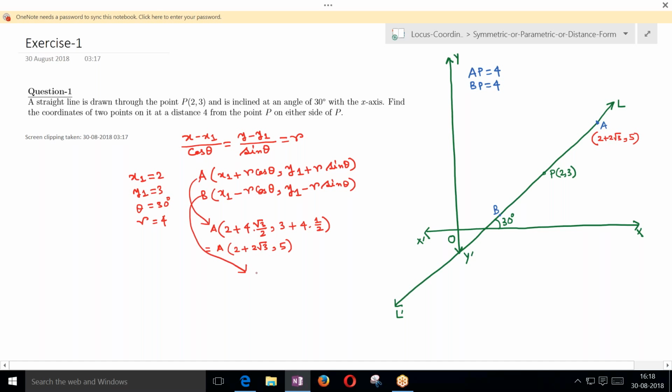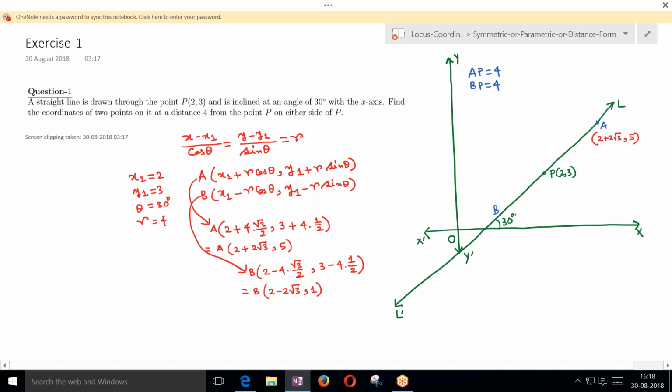Now let's find the coordinates of the point B. B we get is x1, 2, minus r, 4, into root 3 by 2, comma, 3 minus 4 into 1 by 2. So B is equal to 2 minus 2 root 3, comma, 3 minus 2, which is equal to 1.